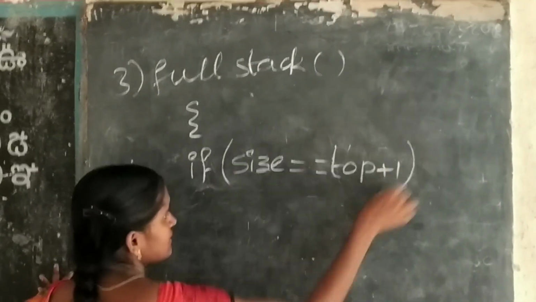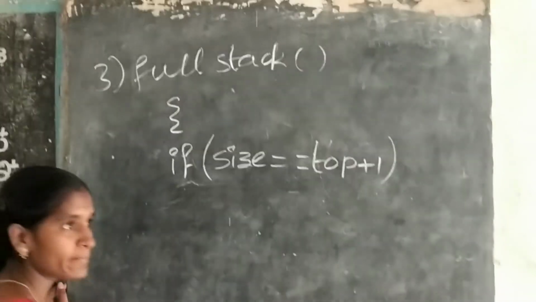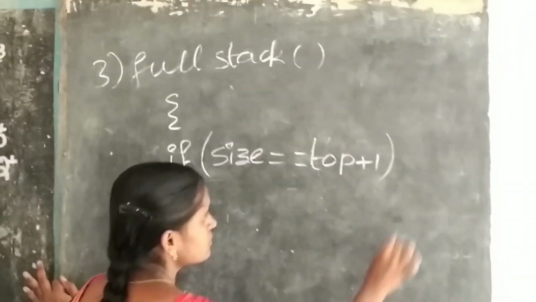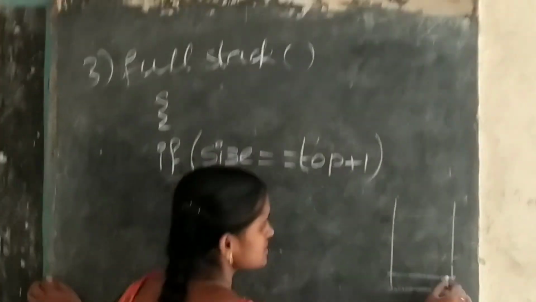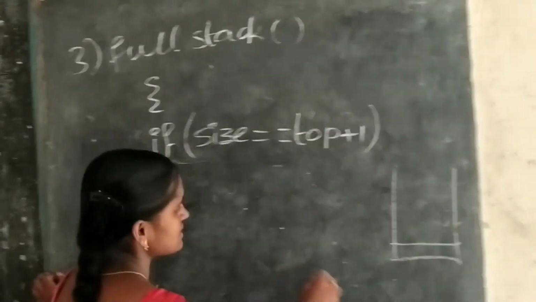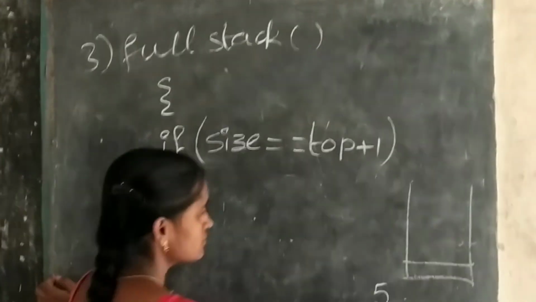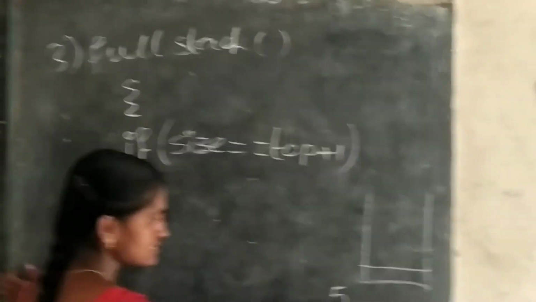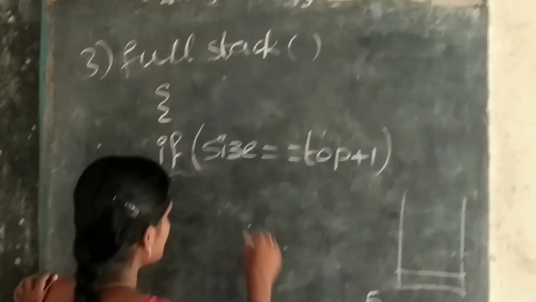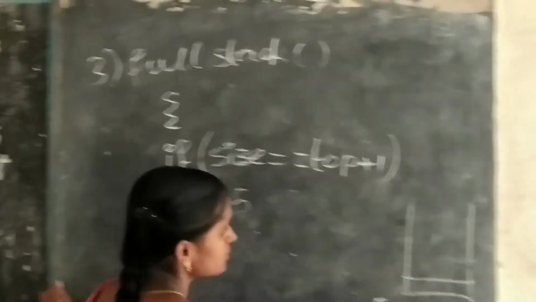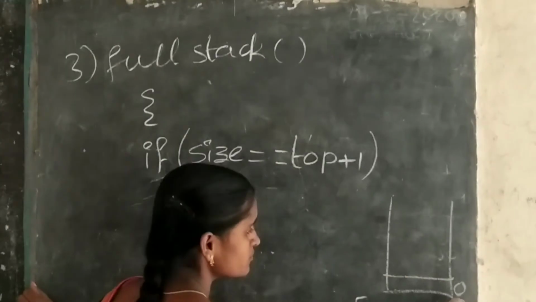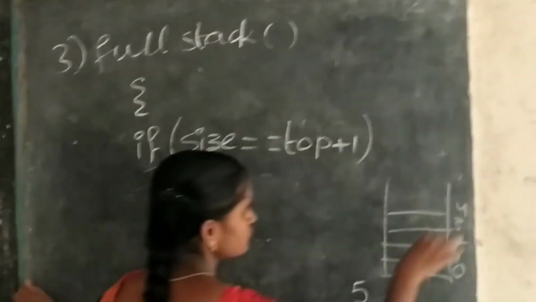That means the size of the stack is compared with top plus 1. Whenever we check that, the size we already took is 5, so the stack size is 5. Here we consider indices 0, 1, 2, 3 and 4.